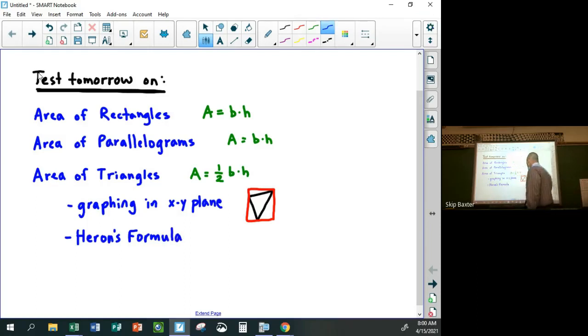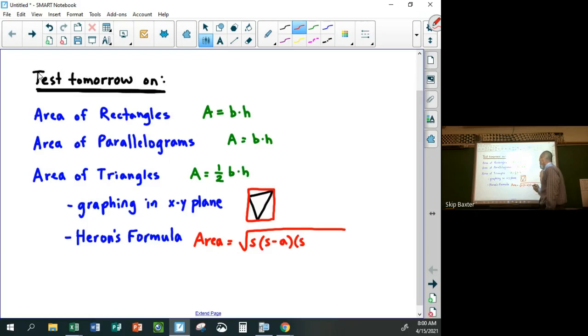So remember, this formula is area equals the square root of S times S minus A times S minus B times S minus C. And S is the semi-perimeter, half the perimeter.